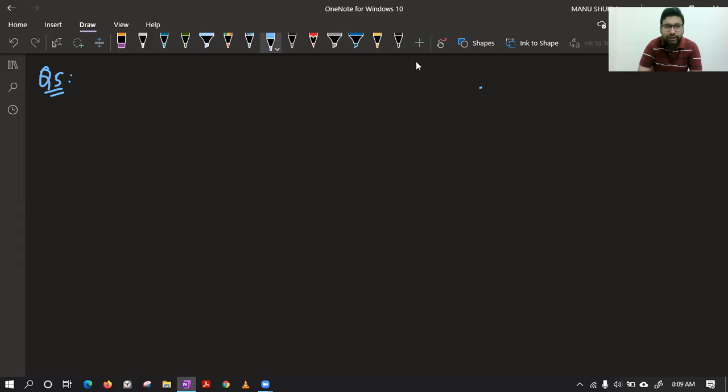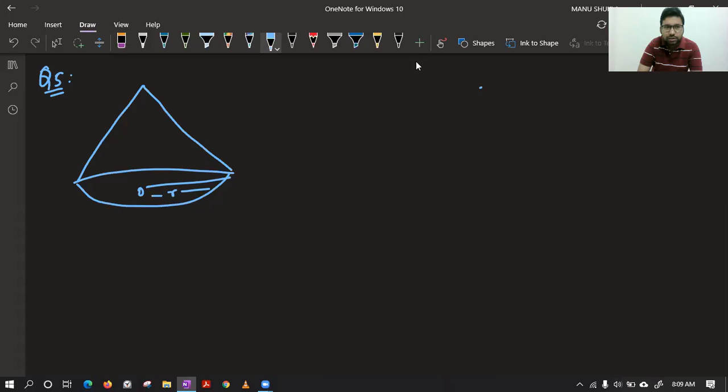So we have to make a tent first of all, which is a conical tent like this. Given to us is the radius r. This r is 6 meter. R is equal to 6 meter and the height is given to us as 8 meter.